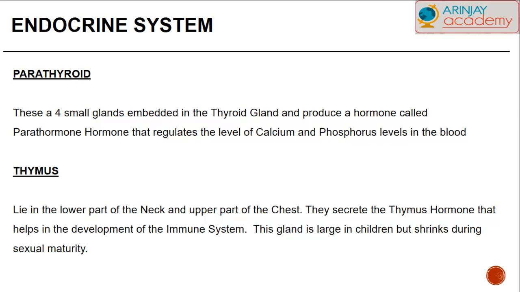These 4 glands within the thyroid gland produce a hormone called the parathyroid hormone. This regulates the calcium and phosphorus levels in the blood so that we do not end up with weak bones.